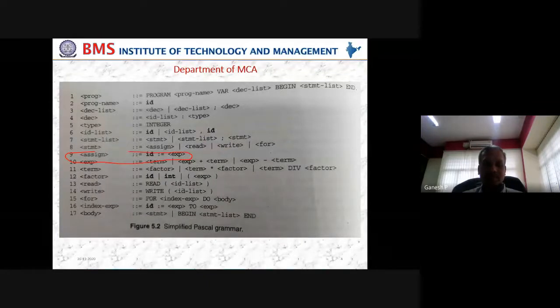Let us take the ninth one, assign, which is the non-terminal symbol on the left-hand side. How is it defined? It is defined as ID equal to exp, where ID is a terminal symbol because there are no angle brackets here, while exp is in angle brackets, which is a non-terminal symbol. That means further it can be divided like this.